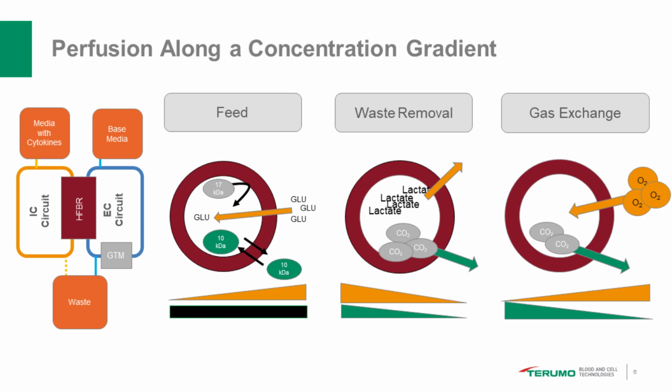For waste removal, waste will pass down the concentration gradients. So items such as lactate will pass out of those hollow fibers into the EC circuit. And then you have options of how you handle the waste there.